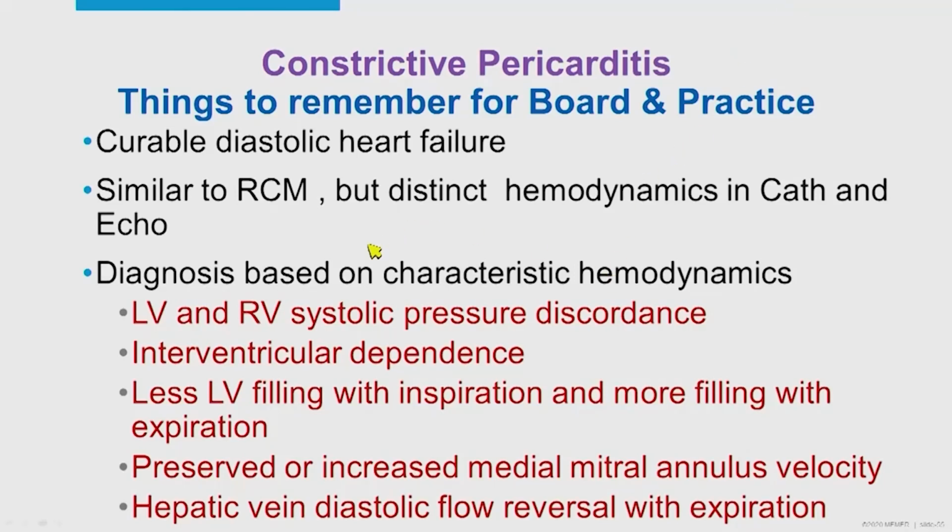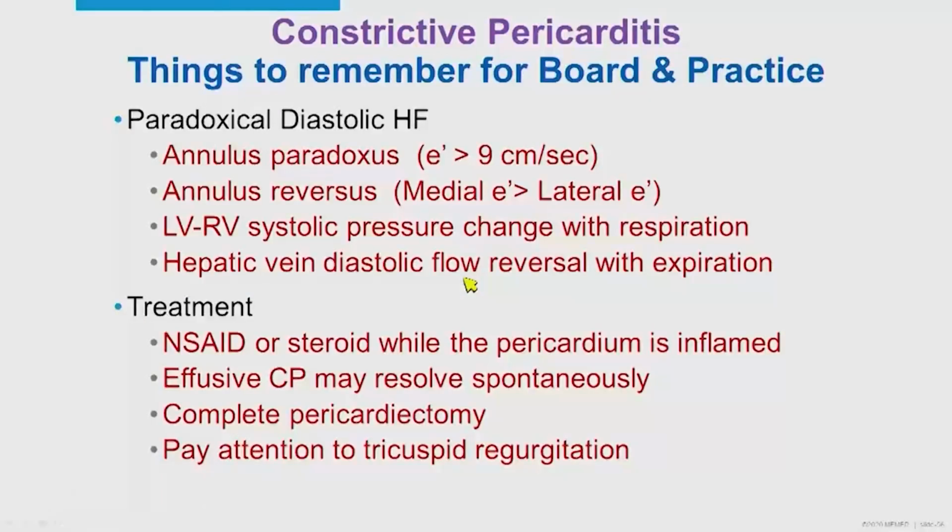And the diagnosis should be based on these features. And this one, again, is very paradoxical to myocardial disease: annulus paradoxus, annulus reversus, pressure change, LV and RV discordance and concordance, and hepatic vein diastolic flow reversal in expiration, not inspiration as in myocardial disease.